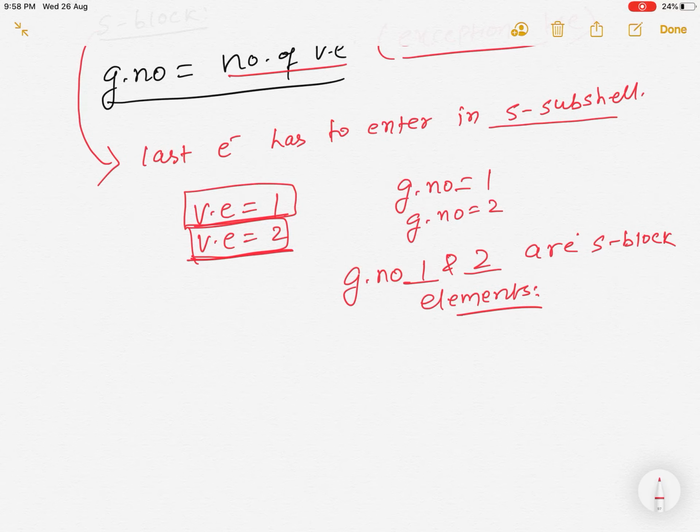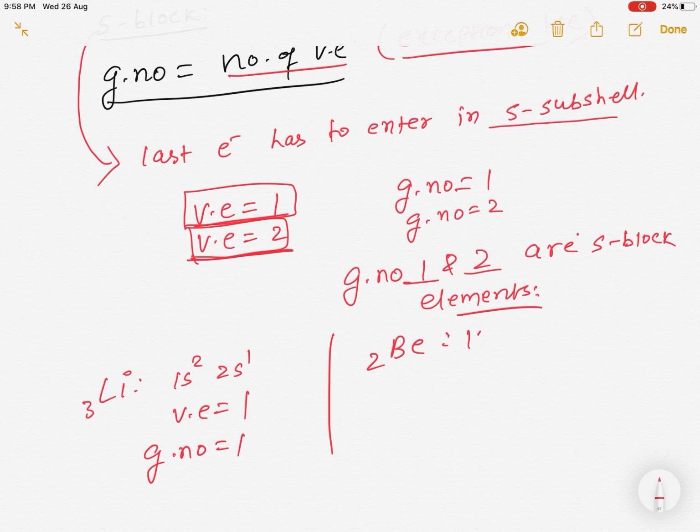Let's see a few examples. Lithium: 1s2, 2s1. It's an S block element. So since this is an S block element, you are going to focus on finding the valence electron. It's 1. Group number will be 1. Okay, let's take beryllium. Atomic number is 4, sorry. 1s2, 2s2.